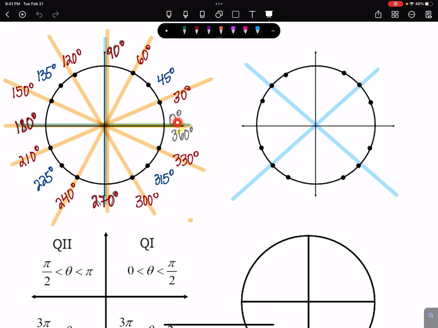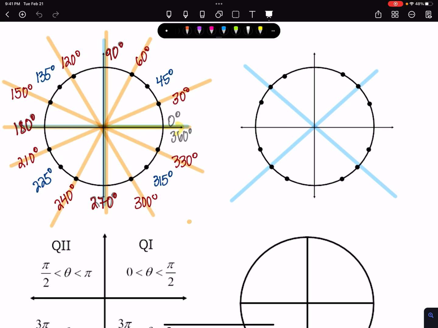So if I were starting at 0 and just going around the circle, I would start at 0 and end at 360. I would do plus 30, plus 15, plus 15, plus 30, plus 30, plus 15, plus 15, plus 30, and so on around the circle.